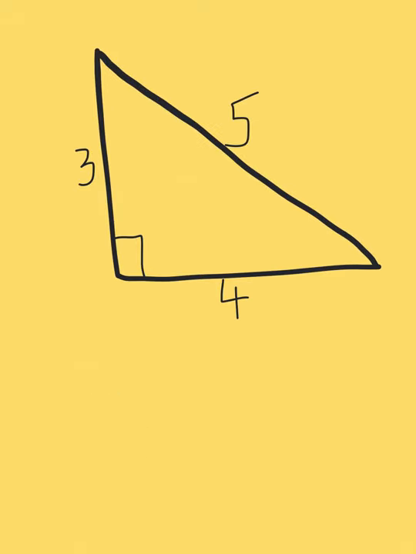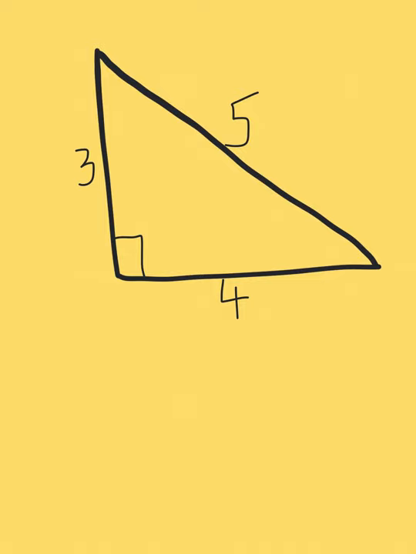So here is a triangle that is right, a triangle that has one leg equal to 3 units, another leg equal to 4 units, and a hypotenuse equal to 5 units. What I want to show you is that the Pythagorean theorem actually works.